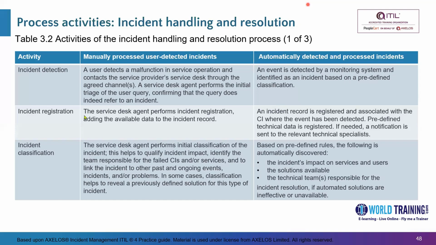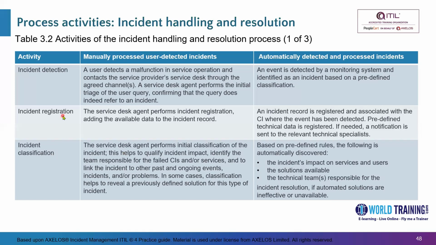Then the next step is to register the incident, meaning they will put all the data into the incident record. In the case of automatic detection also, the record is registered and associated with the configuration item where the event has been detected because it is automated detection. And certain predefined technical data is registered and notification is sent to the relevant technical specialist if appropriate.